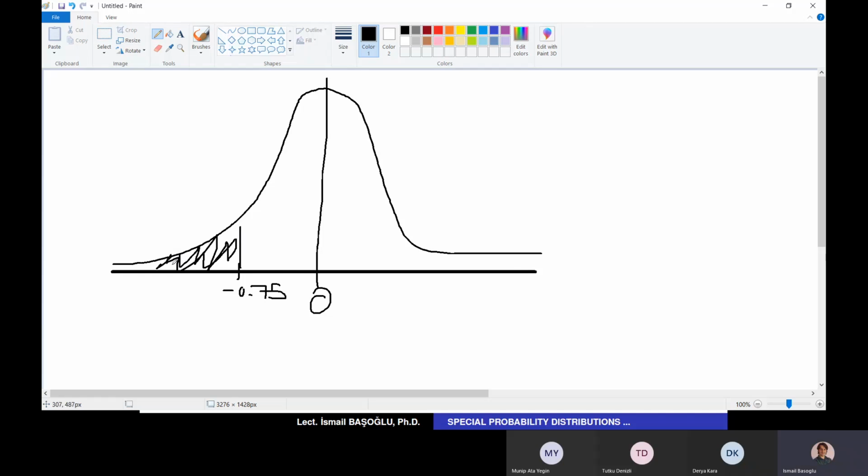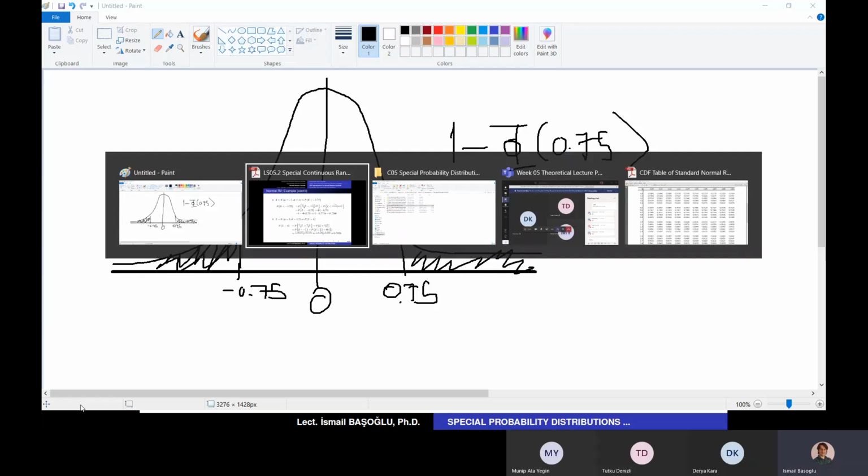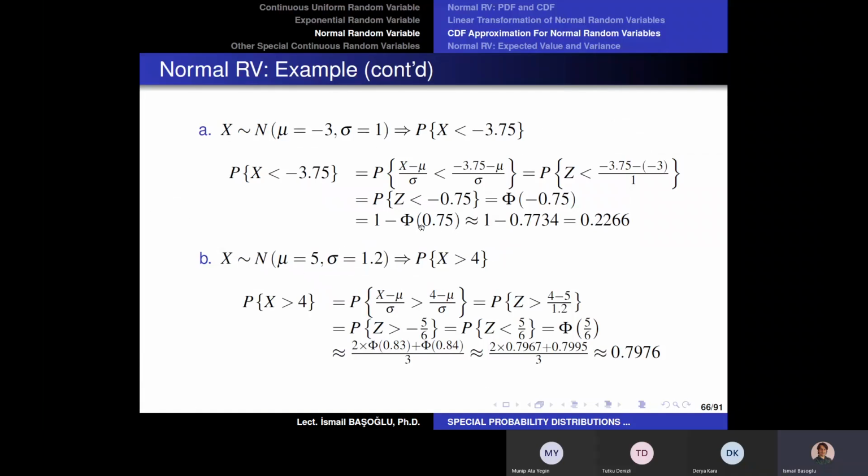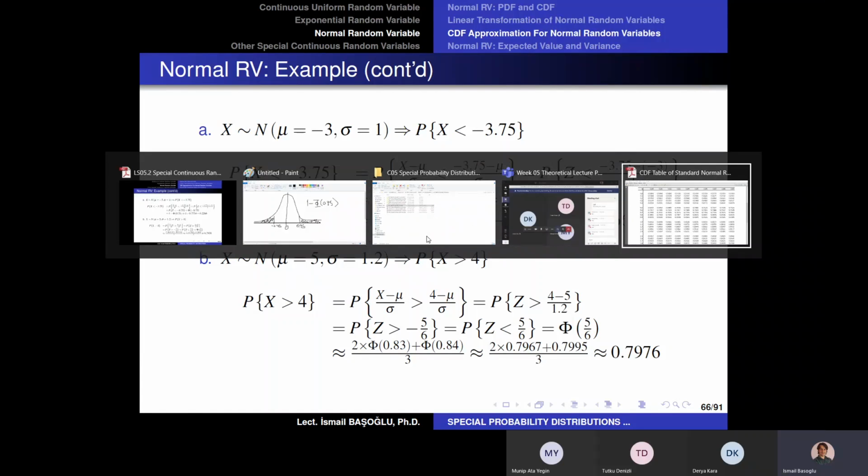What is the area here? That area is exactly equal to the area on the right-hand side of the positive counterpart of -0.75, which is 0.75. So if I subtract the area on the left-hand side of 0.75 from 1, then I would calculate my result. And that is this formulation, and the area on the left-hand side of 0.75 is what?